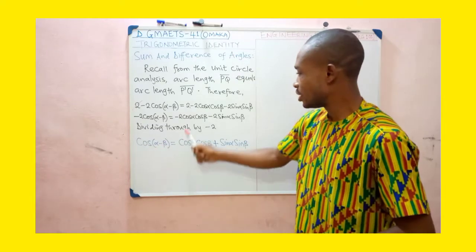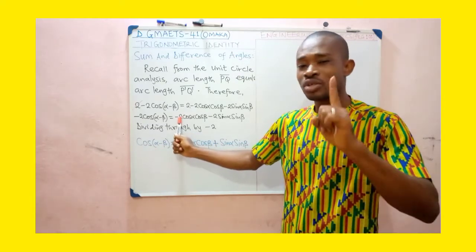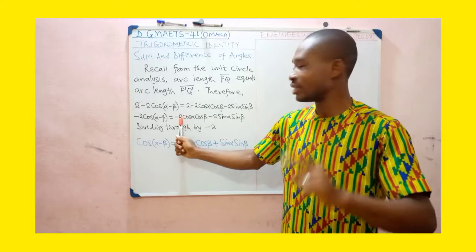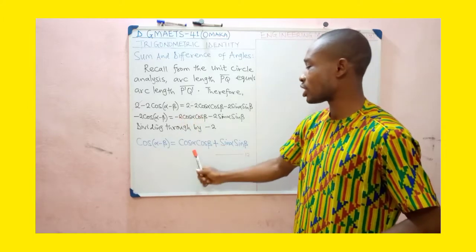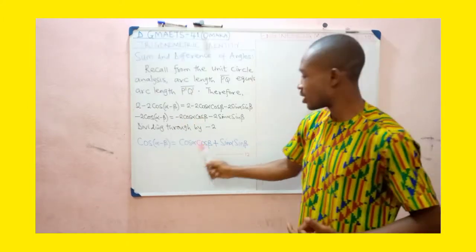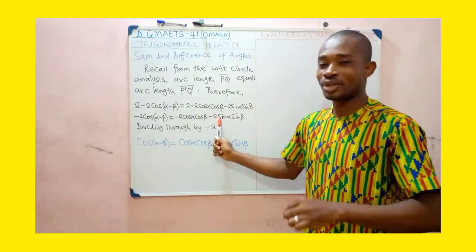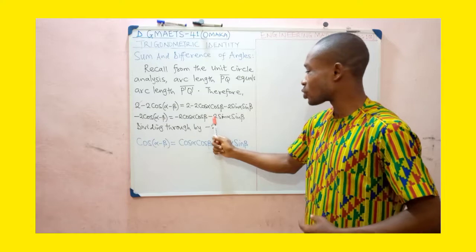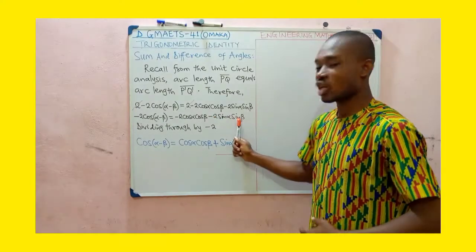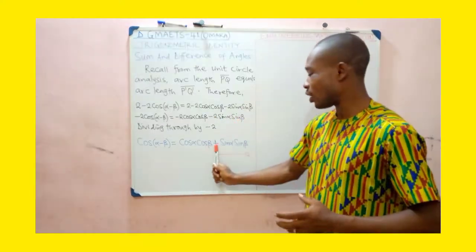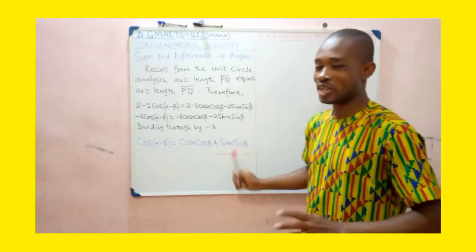Divide this by minus 2, you will get positive 1. 1 times cos alpha cos beta will give us cos alpha cos beta. Divide minus 2 by minus 2, you will get plus 1. Plus 1 times sine alpha sine beta will give us plus sine alpha sine beta.